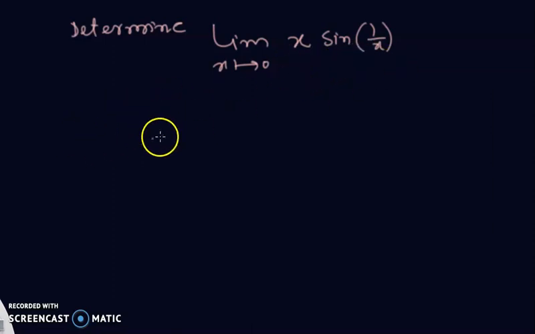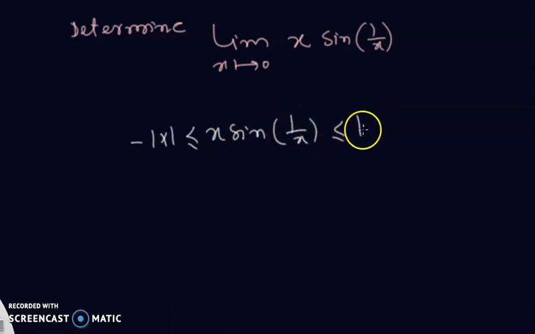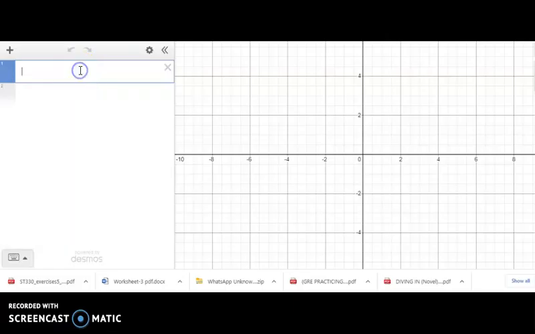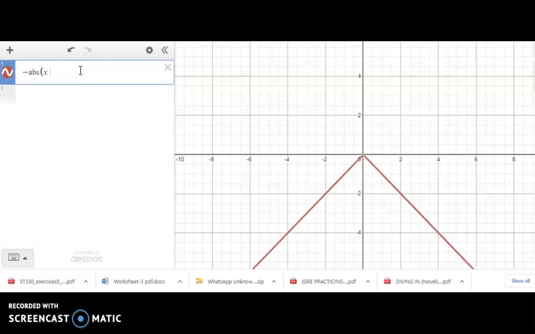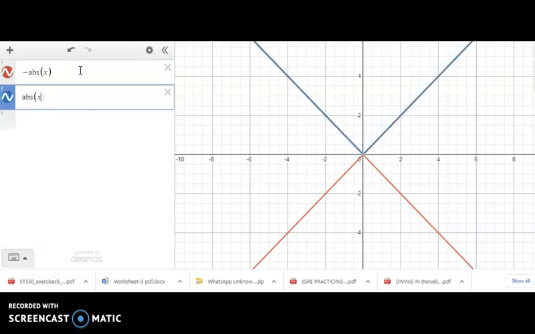You can easily see that the function x times sine of 1 by x is lying between absolute value of x and minus absolute value of x. Let me show you the graph. So let's plot minus absolute of x, then let's plot plus absolute of x, then let me plot x times sine of 1 by x.